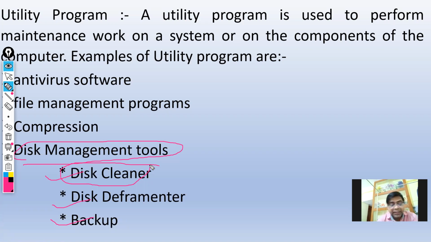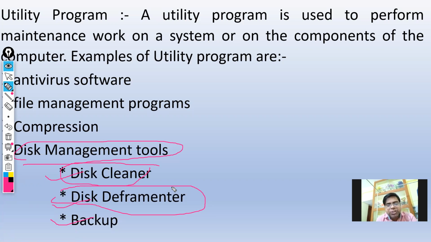Okay. Next part, that is disk defragmenter. It rearranges the files and free space on the computer so that files are stored contiguously and free space is consolidated in one contiguous block.